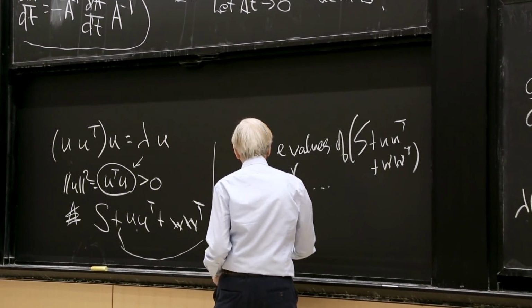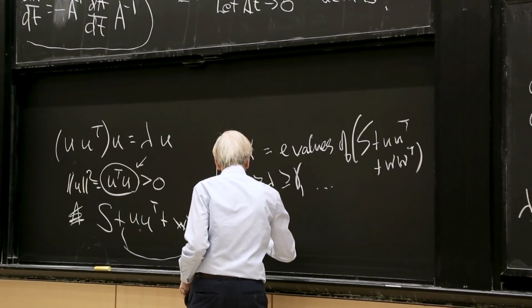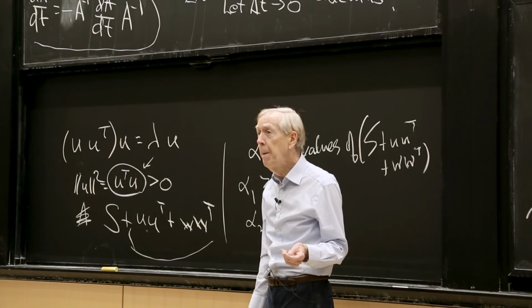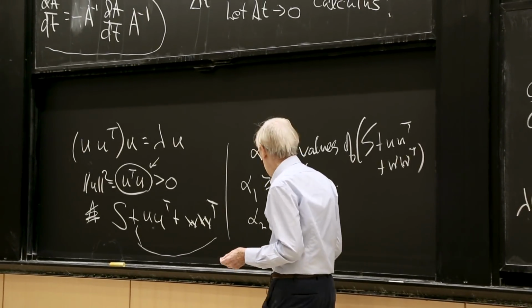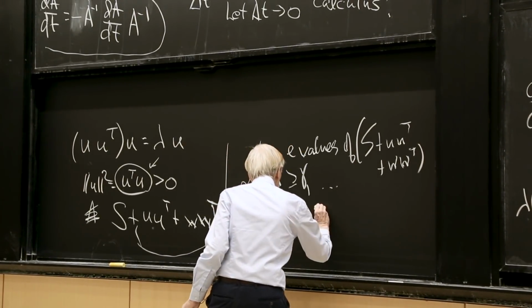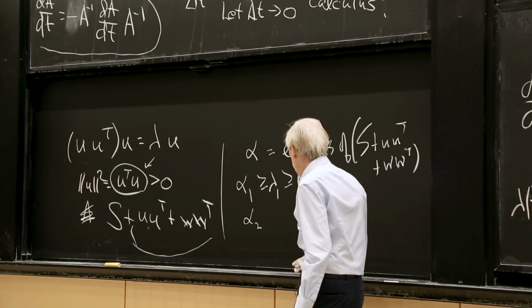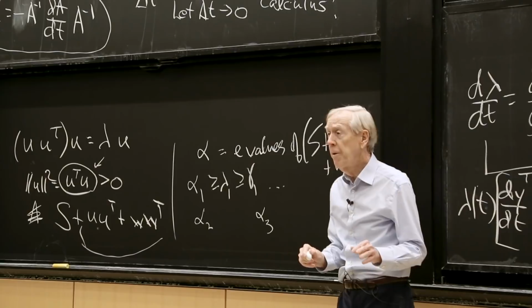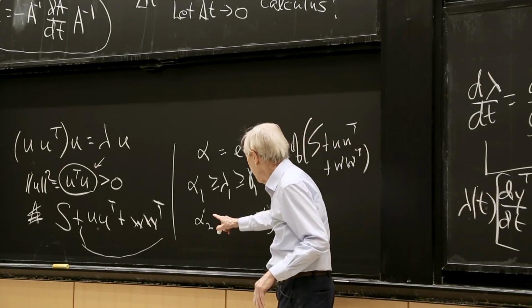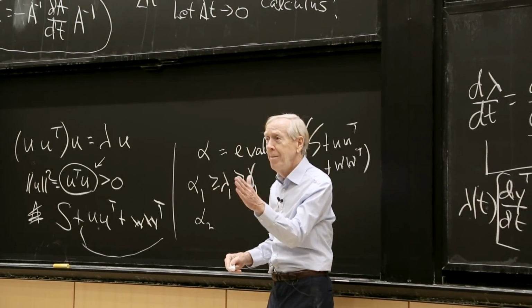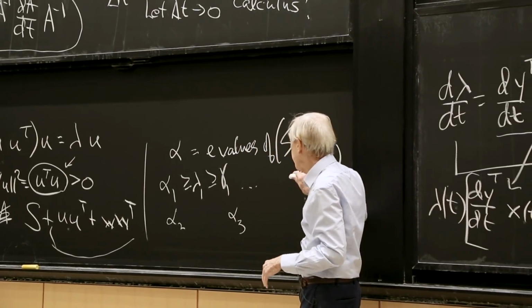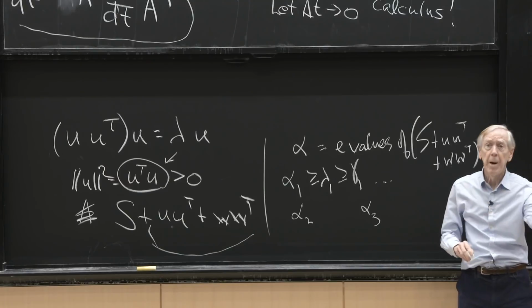Now the alpha 2, well, could alpha 2 pass up lambda 1? And what about alpha 3? So let me say what I believe. I think alpha 2, which is like 1 behind, but I'm adding rank 2, I think alpha 2 could pass up lambda 1.